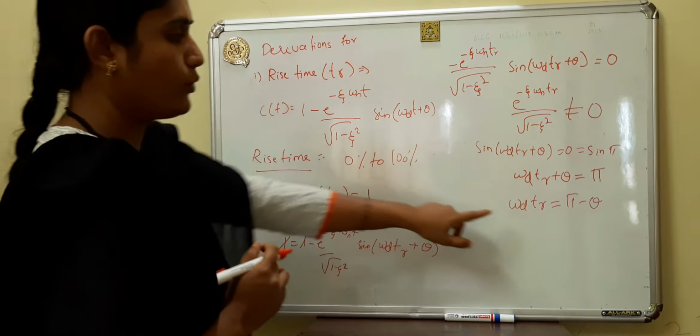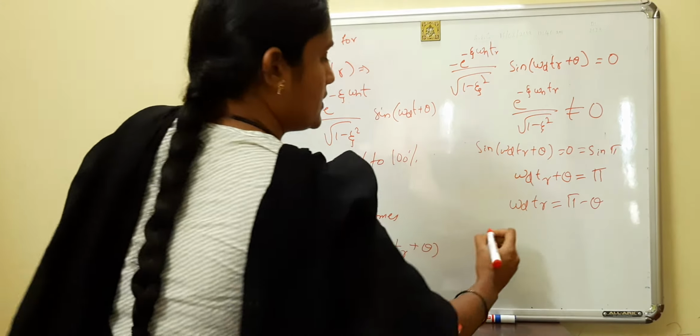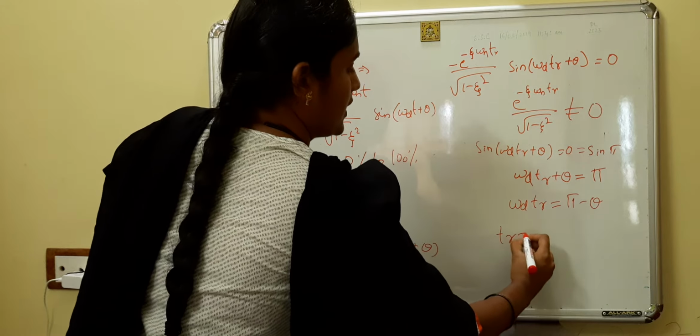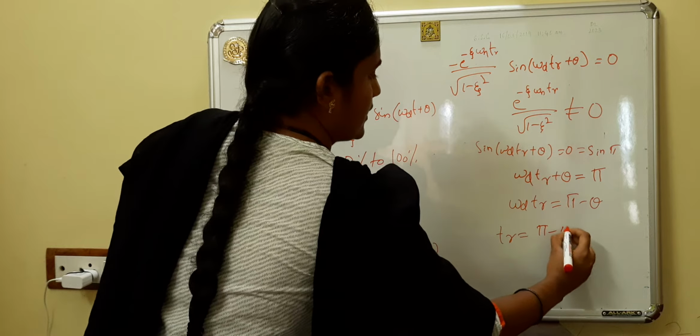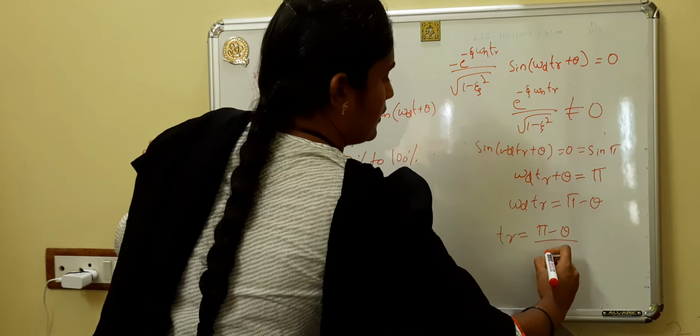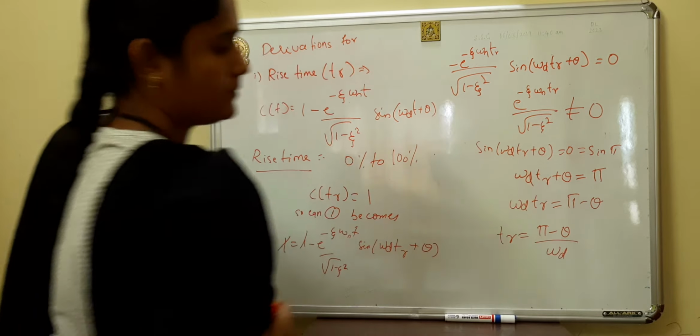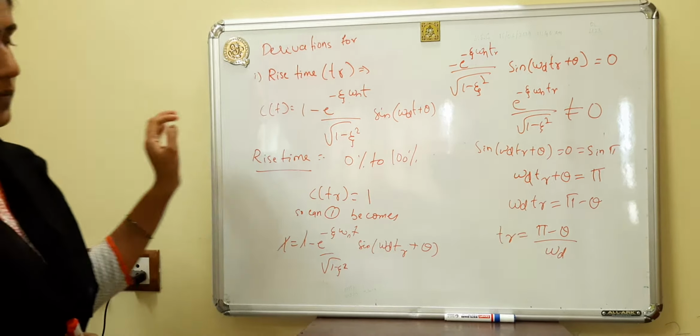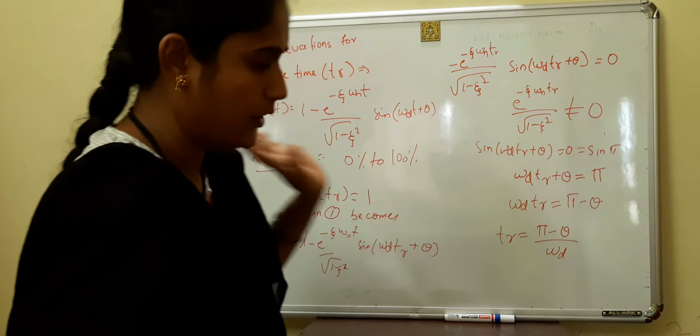We have to calculate the rise time tr, so tr equals pi minus theta divided by omega d.